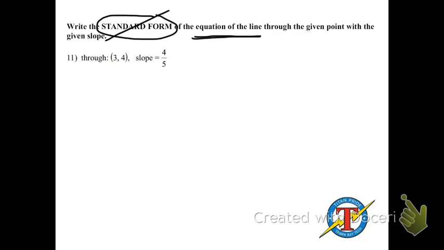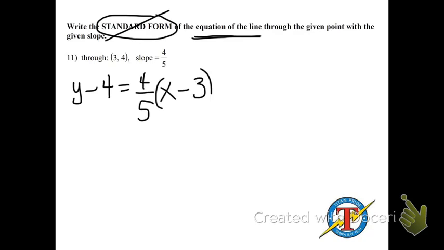All right, no matter what, when it says equation of a line, we start with the same two things, point and slope, point and slope. So y minus y1 equals m times x minus x1. That answer is in point slope form. Normally, that's the end. However, if this was multiple choice, you go to look at the answers, and that's not there.